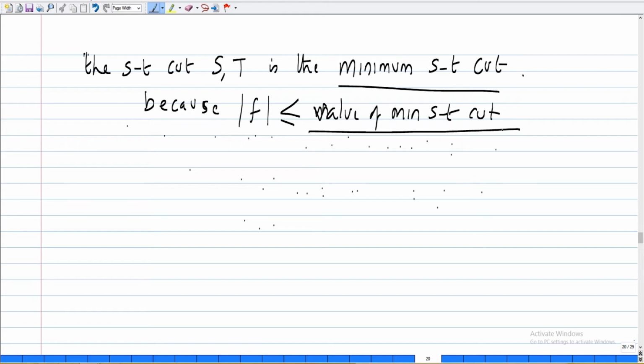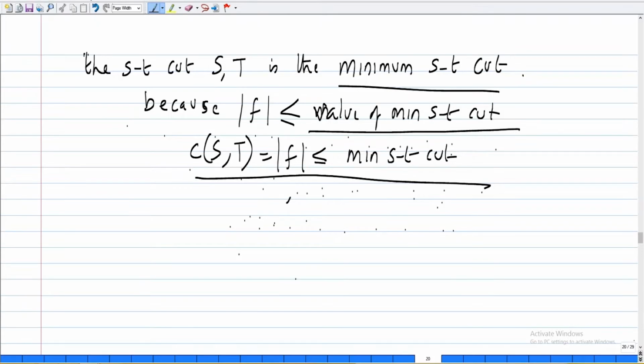If you have attained this, you know that a certain value is always less than or equal to the value of the minimum S, T cut. Therefore, C of s comma t is the value of the minimum S, T cut. The capacity of S comma T is the value of the minimum S, T cut. So if you find the max flow, then look at all the vertices reachable from S, that is the minimum S, T cut.